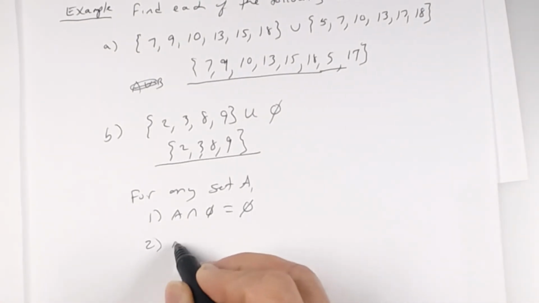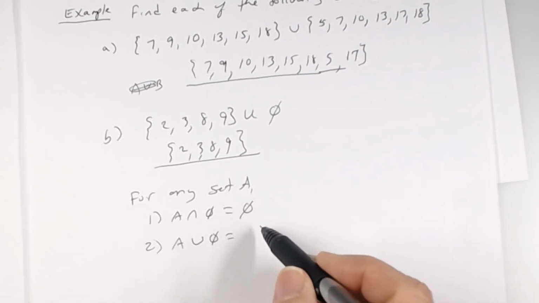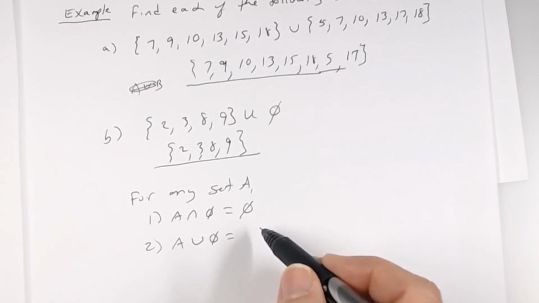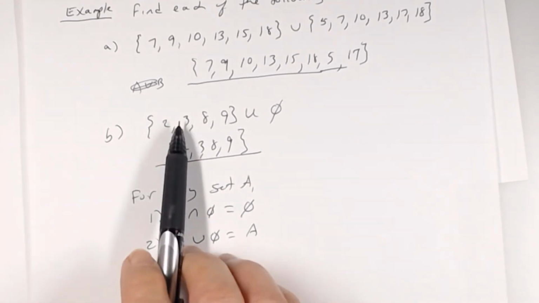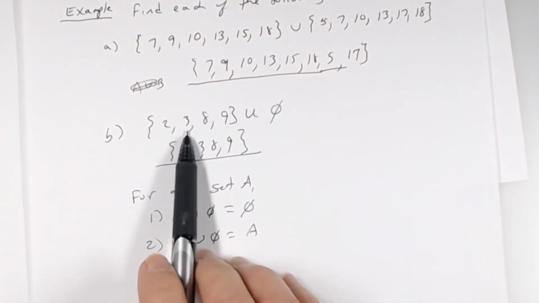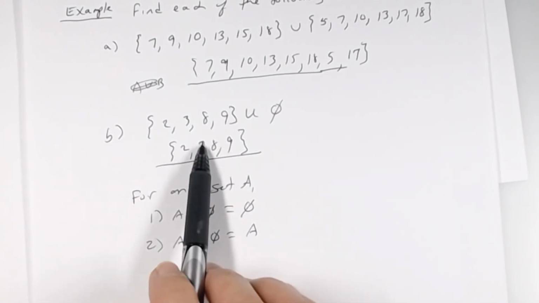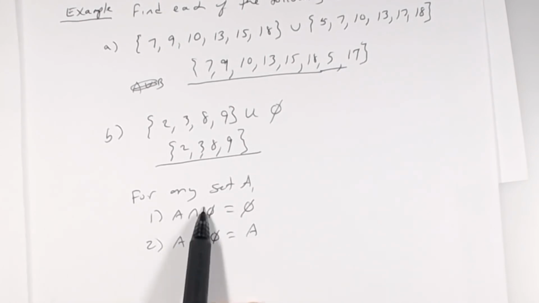Number 2, A union the empty set. What is that? A. Remember, with union, I have a set and an empty set. When I union those, it's just my set. So A union the empty set is whatever A is. A intersect the empty set is the empty set because they have nothing in common.